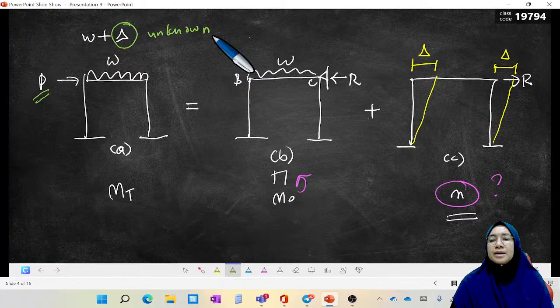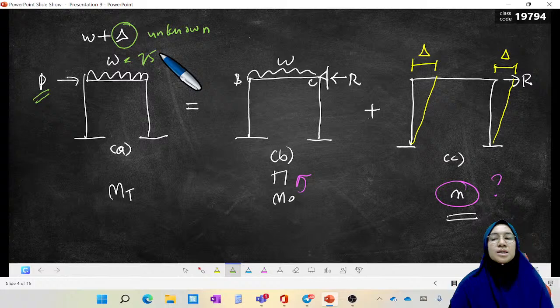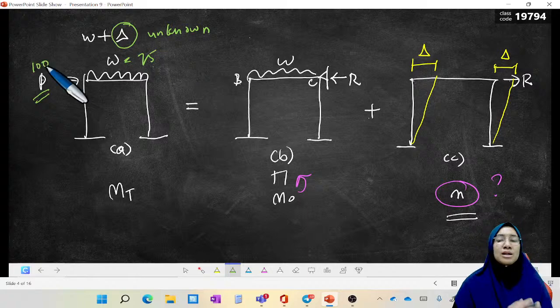W is a known value; W is given in the question. For example, this is equal to 75 kilonewton per meter. P is a given value, 100 kilonewton, but delta is not given.